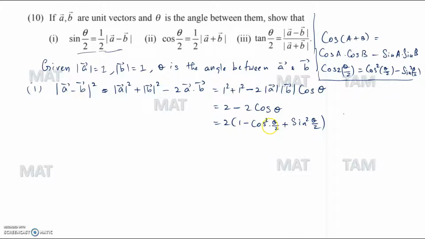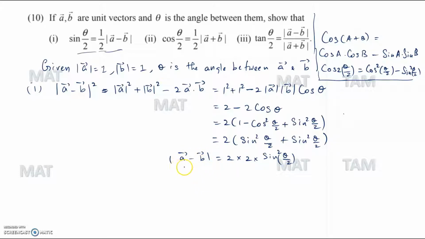And we know that 1 minus cos squared theta by 2 is sin squared theta by 2. So this is equal to 2 times sin squared theta by 2 plus sin squared theta by 2. So this will be 4 times sin squared theta by 2. On the left hand side, it is mod of A minus B squared.